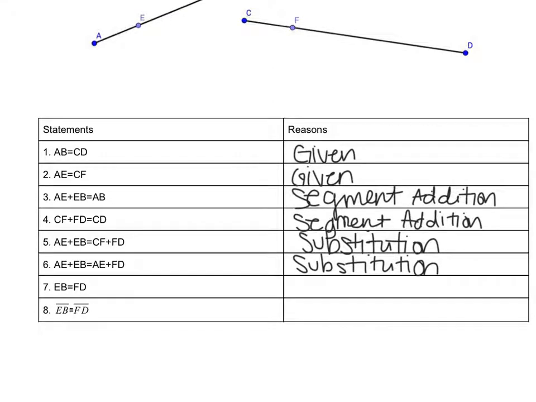Now that I look at my statement in 6, I notice that both sides have an AE. So if I were to subtract AE from both sides, I would end up with EB equals FD. So the reasoning for statement 7 would be our subtraction property.